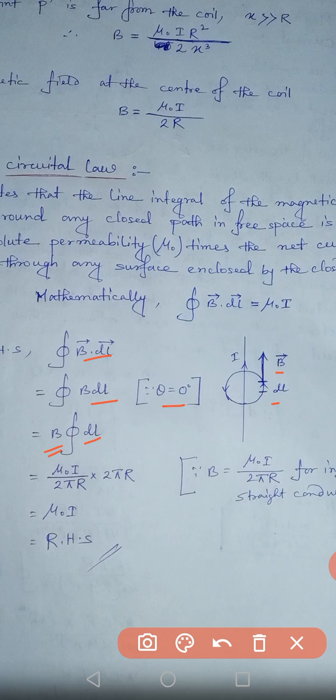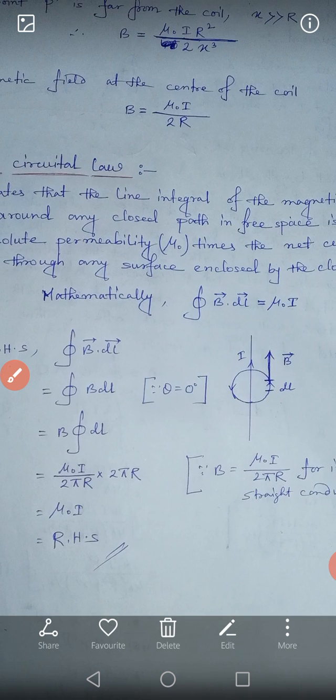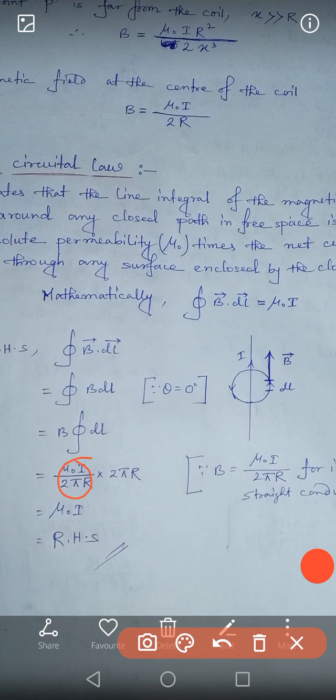Now B is the magnetic field produced by a straight conductor having infinite length, because the length of the conductor is nowhere specified. So for an infinite conductor, the expression for the magnetic field is this one. This value you remember, okay? Mu naught I by 2 pi r. This one is for an infinite straight conductor, and we are substituting this value here in place of B. dl is a small length.